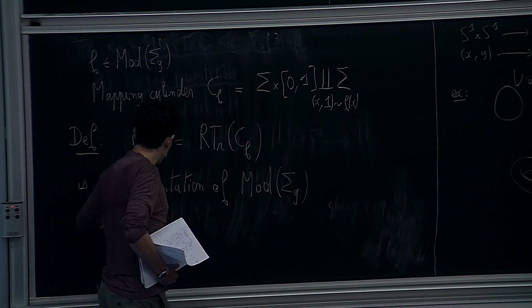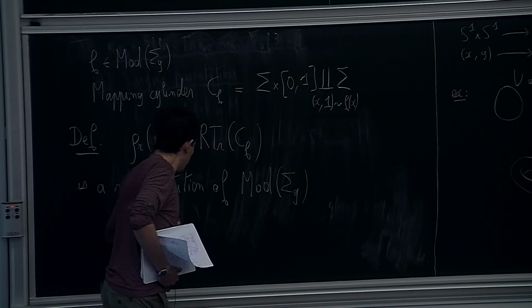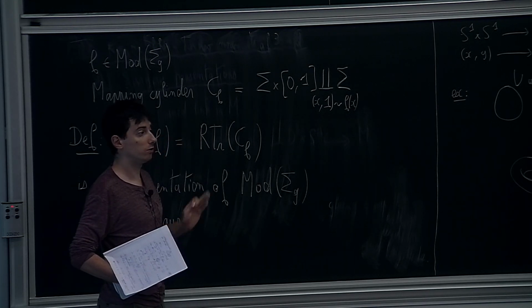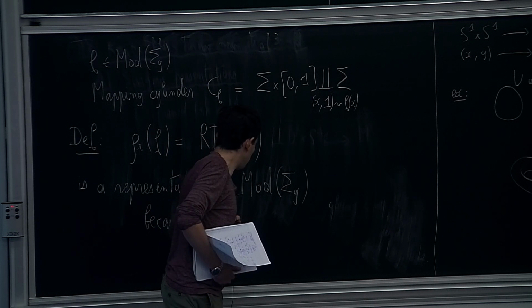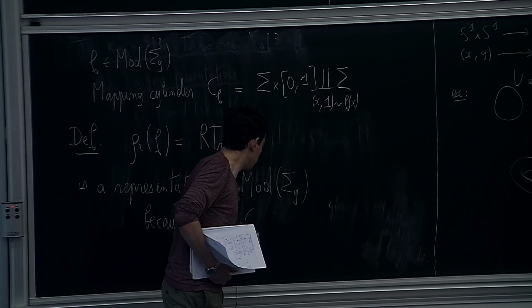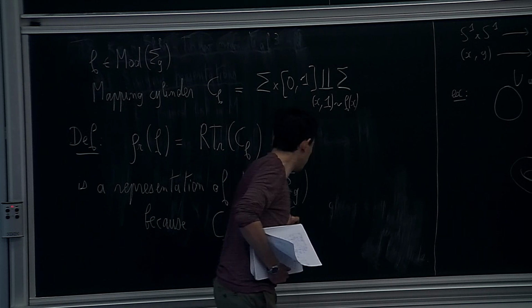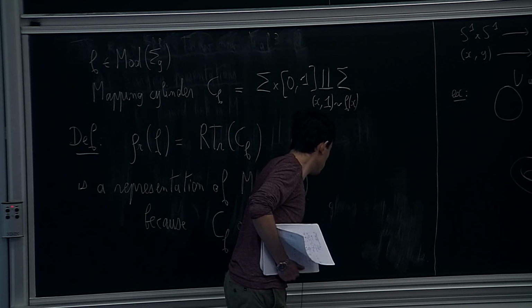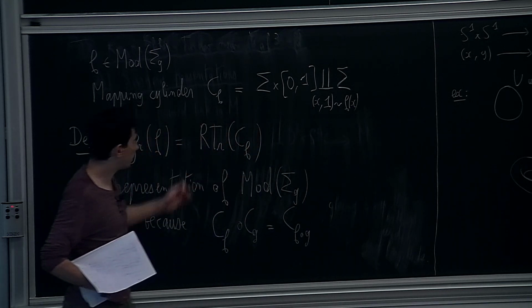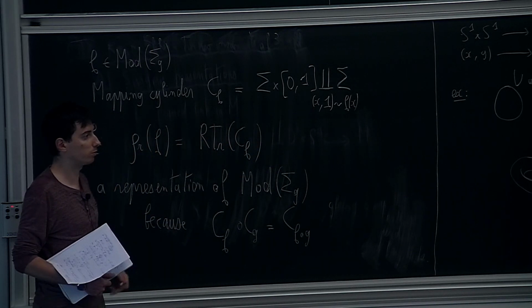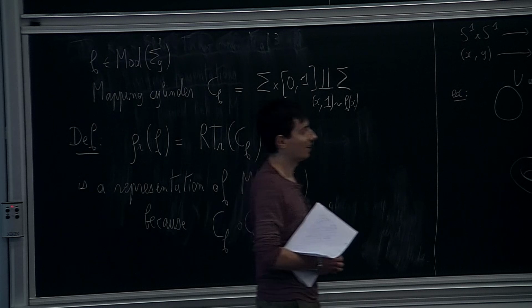Because what happens when I glue together mapping cylinders? When I glue together two mapping cylinders, I get the mapping cylinder of the composition. So I get this thing, and then when I apply RTR, I get that this is a representation. Yes?